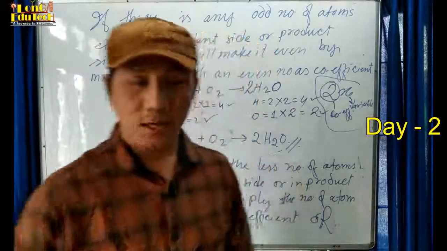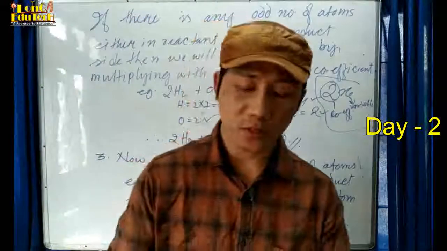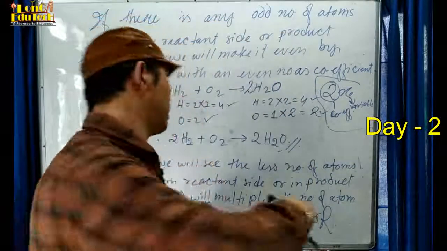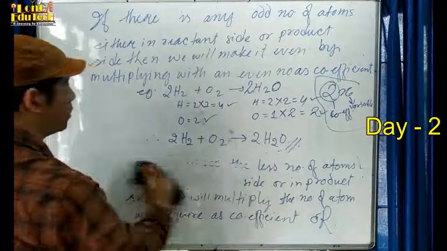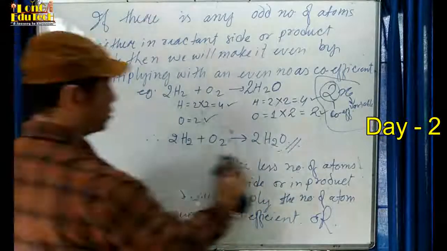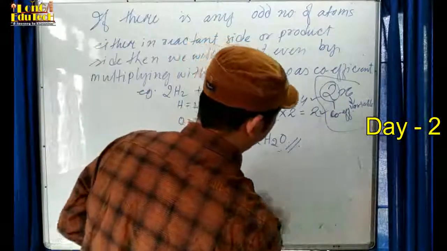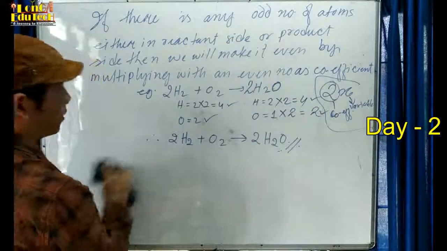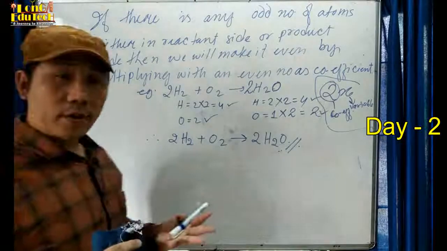Right, now let us discuss some more examples here, very interesting examples and also very important. So let's see now. So the rules, understand, right? These 3 rules are quite enough to understand how to balance unbalanced chemical equations. Okay, so we'll discuss more examples.